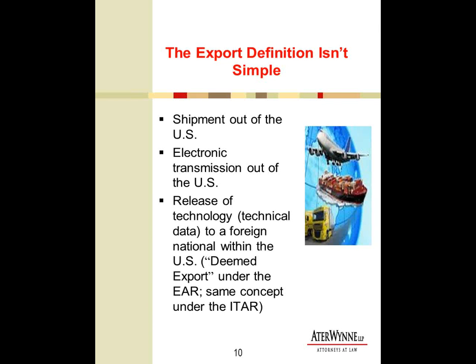Now we'll talk about just a couple of basic definitional items. One is what's an export, and I mention that again for those of you who might be joining us for the first time or who are new to export controls. Exports are not simply only something that gets sent across our national border to another place, but they do include shipments out of the U.S., and they can be physical as well as electronic.